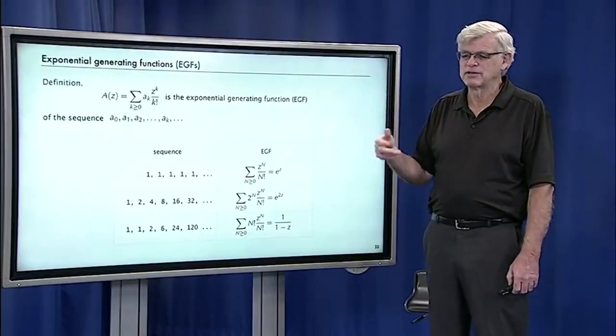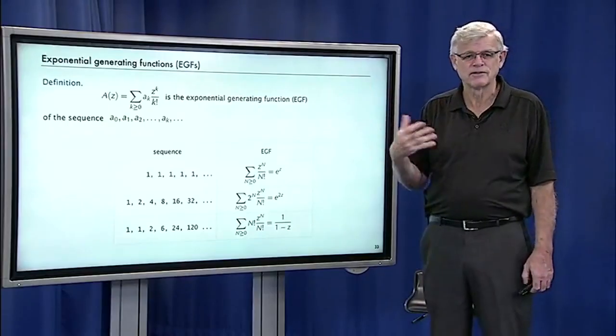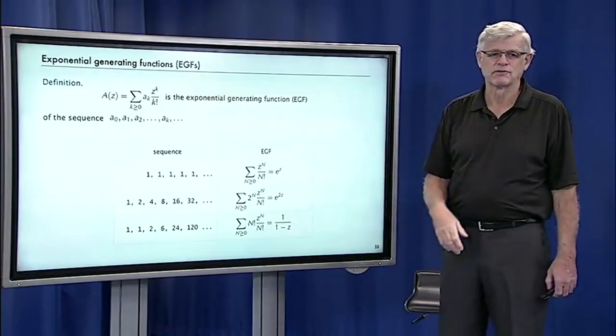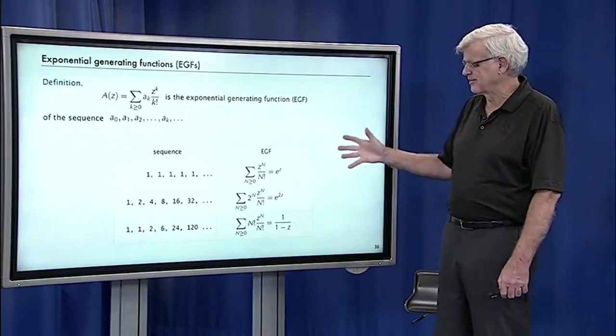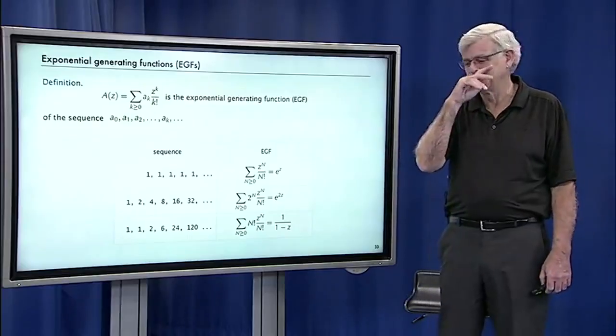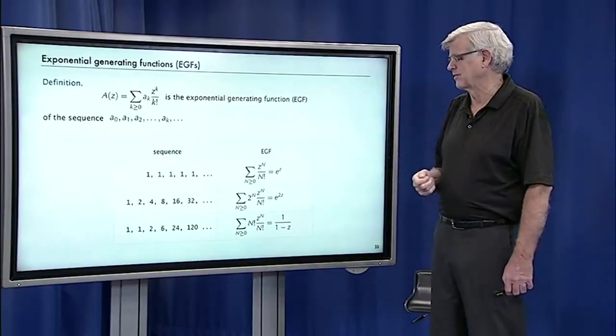The sum of n factorial z to the n doesn't converge for any z, and it's cumbersome to work with. So use the exponential generating function, that's 1 over 1 minus z. That can be a bit confusing because the same functions arise in different contexts, but really it's not. It's just a different way to represent the sequence.